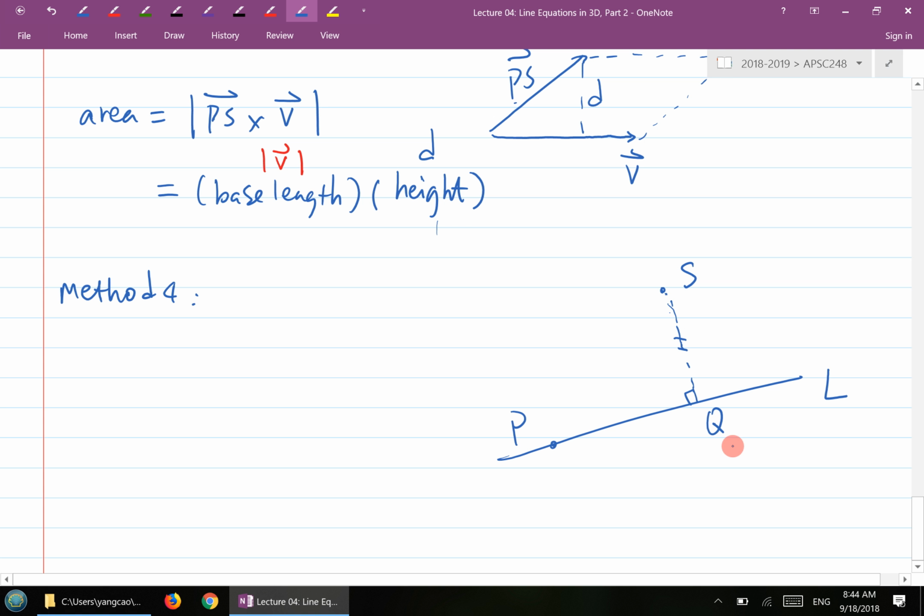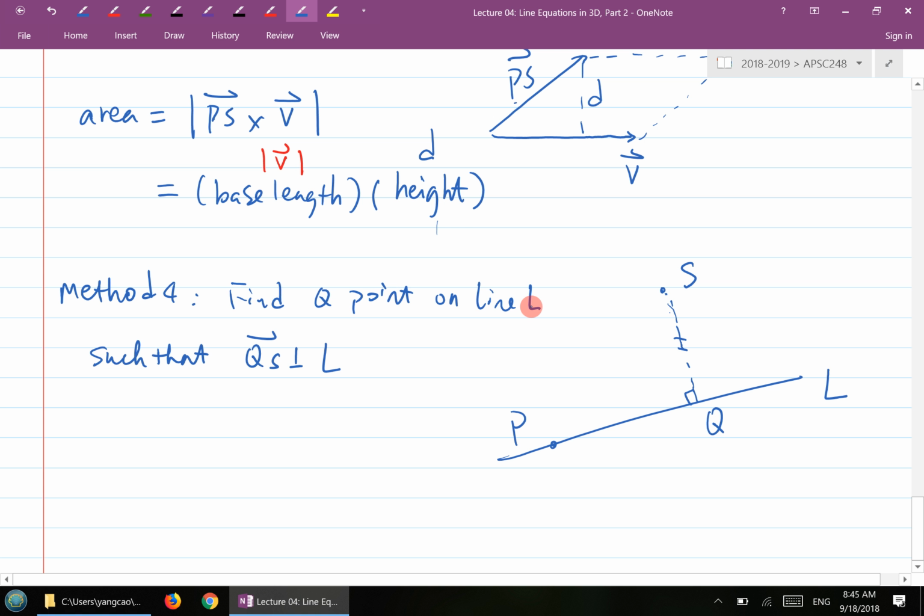So this approach is to find this Q point such that this QS is perpendicular to the L. Or find the Q point on line L such that the QS is perpendicular to the L. That's this way of thinking.